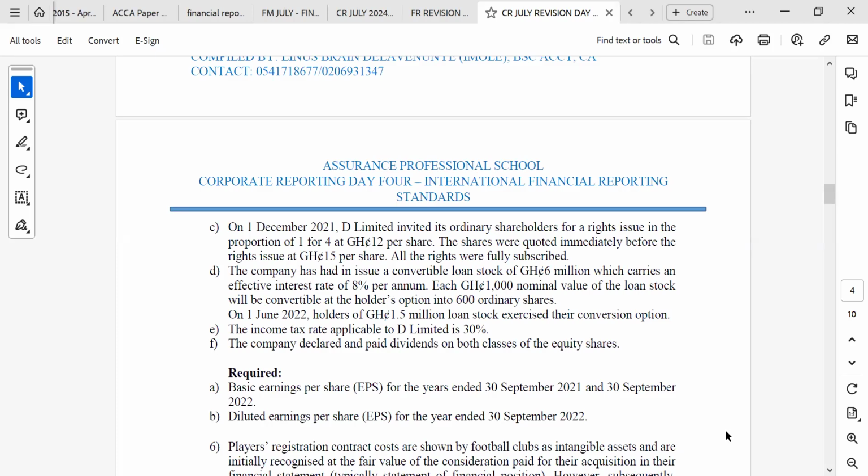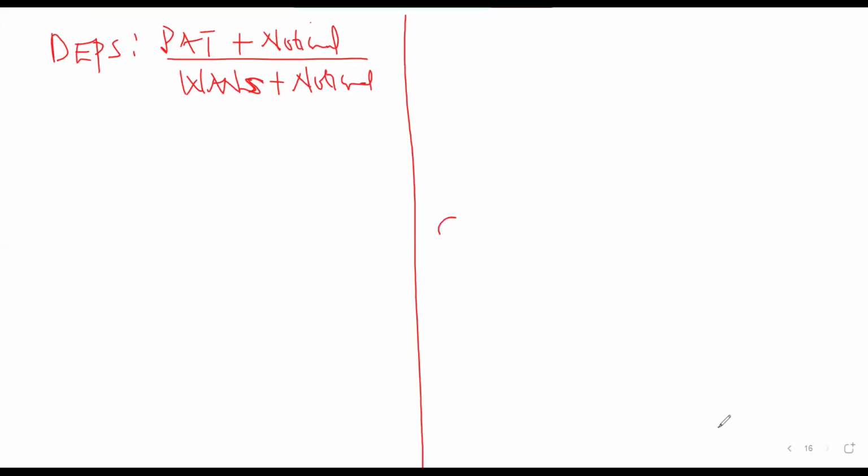So what will be the value of the convertible instrument in issue now at the end of this year? It will be 4.5 million, because it was 6 and they have converted 1.5.